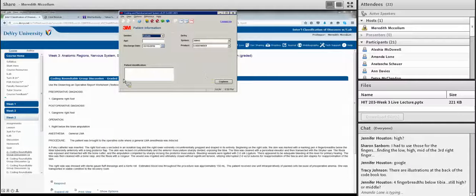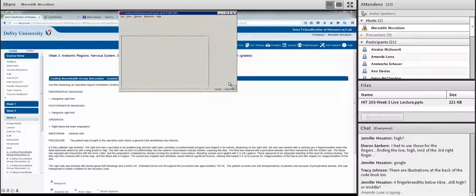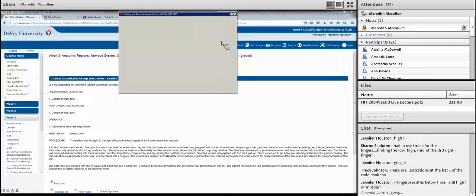So in this case, it doesn't matter. So I'm just going to keep it a female, and I'll make it 56, and do code finder and procedure. So you don't have to code the Foley cath. That's included. They cath everybody when you go into surgery, and that's picked up by the charge master.